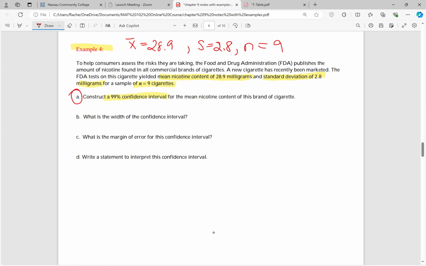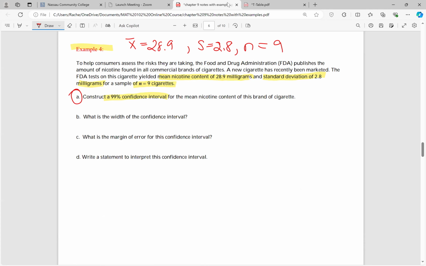So we're going to estimate mu using a 99% confidence interval. So let's go straight to the calculator, and we're going to enter these stats that we have here. So we have 28.9, 2.8, sample size is 9, and we're constructing a 99% confidence interval.